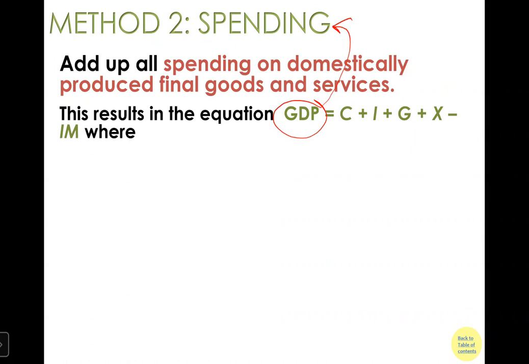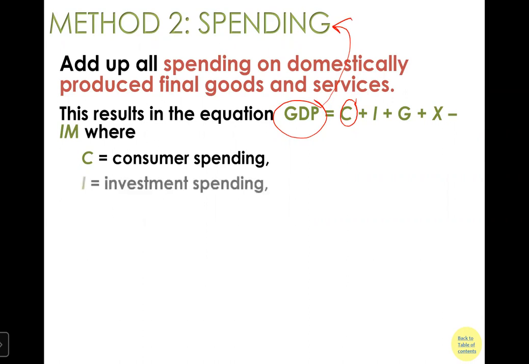So this includes consumption, or consumer spending. So this is household spending, right? Like the regular things we purchase, or even including grocery. Second is investment spending. The investment spending, just think about the business purchasing machinery.